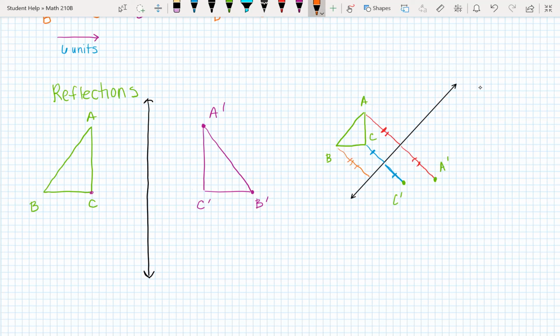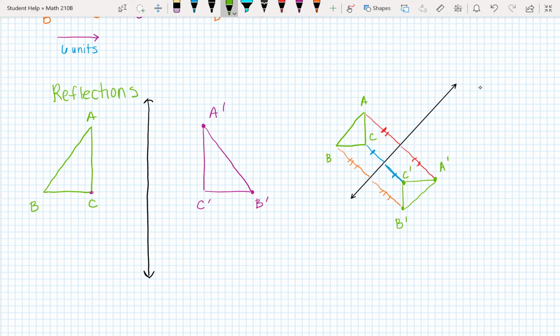This length is going to be the same as this length. Probably a little too long. Typically, when we do this in class, we would have a ruler that we would be using to get all of these points. This will be B prime, this will be C prime.